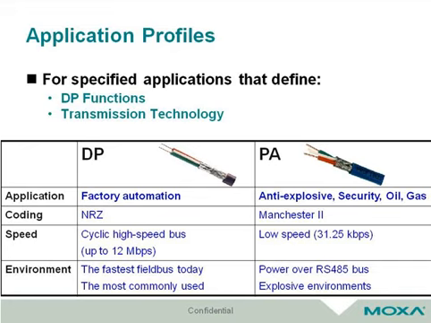Profibus DP is used for factory automation and Profibus PA is for anti-explosive, security, oil and gas fields. Meeting different usage and environment requirements, Profibus PA uses power over RS485 bus with low speed, and Profibus DP chooses a high speed bus which can go up to 12 megabits per second.